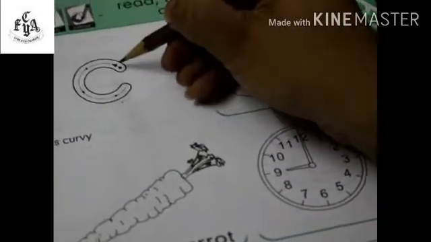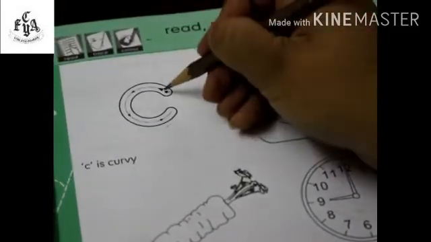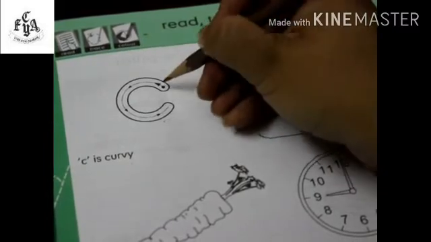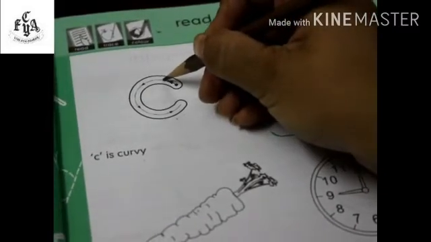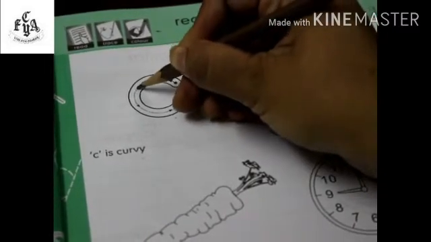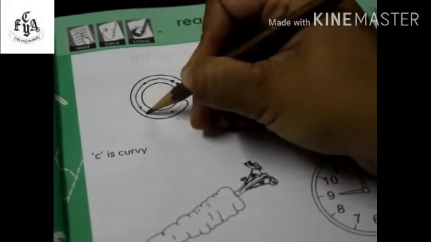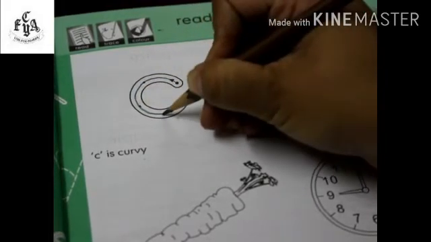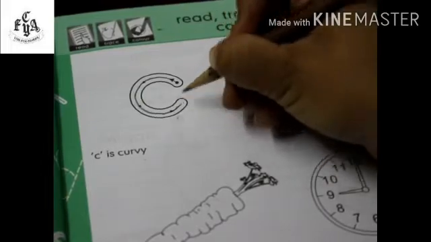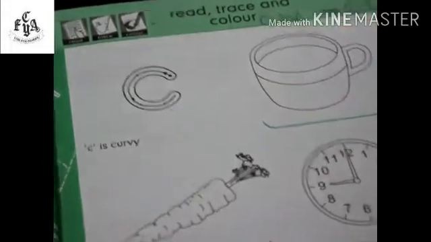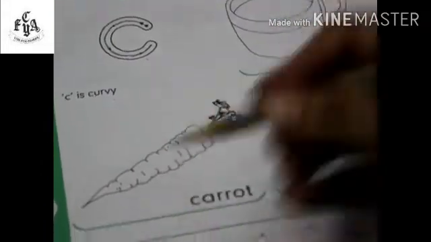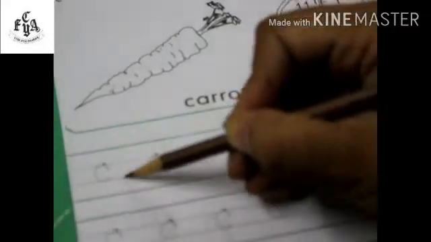So first we will trace the k. Follow the dot and the arrows and trace the k. K is between the two lines and k is curvy. This is your right curve.